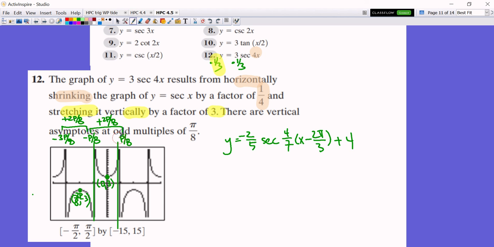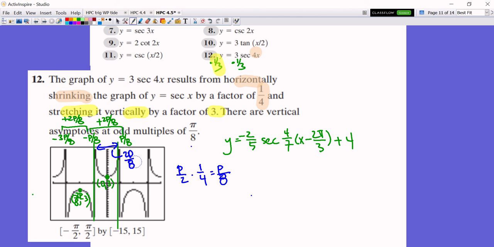If you look at this blue, it used to be pi over 2, but because we're horizontally shrinking it by 1/4, now you get pi over 8. And that's how I got this one. And the other case is minus pi over 2, which gives you minus pi over 8. And again, the width of this is going to be 2 pi over 8, or pi over 4 if you reduce it.